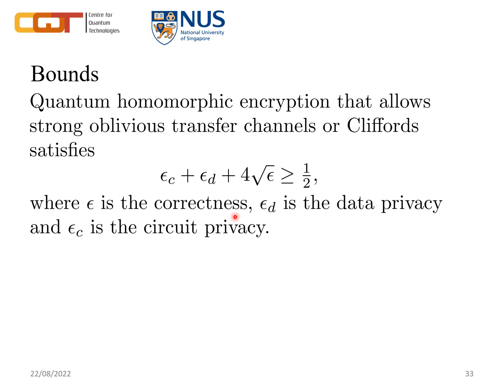Hence, we obtain a bound for quantum homomorphic encryption that allows for strong oblivious transfer channels or Cliffords. This bound reveals a privacy and correctness trade-off of a broad class of quantum homomorphic encryption, including quantum homomorphic encryption that allows Cliffords.